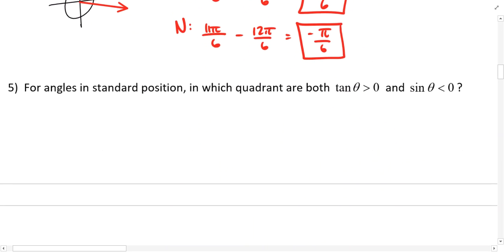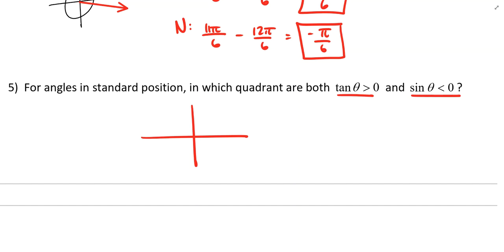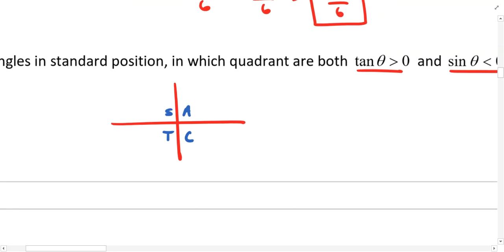For question number 5, we must identify angles, we say in standard position because this is relative to the positive x-axis, in which quadrant that contain a positive tangent result but a negative sine result. Now again, by citing the phrase, all students take calculus, we can indicate which quadrants contain positive trigonometric ratios.